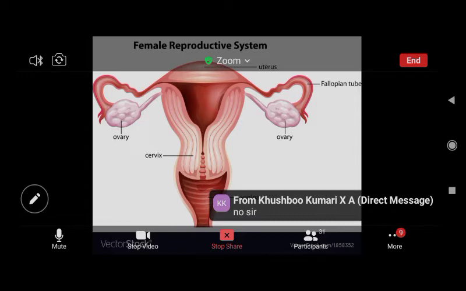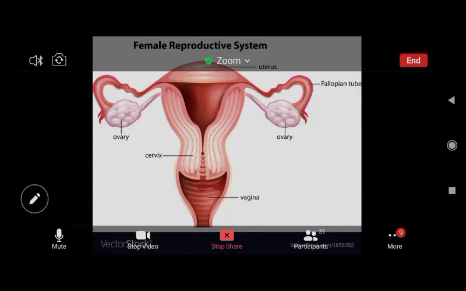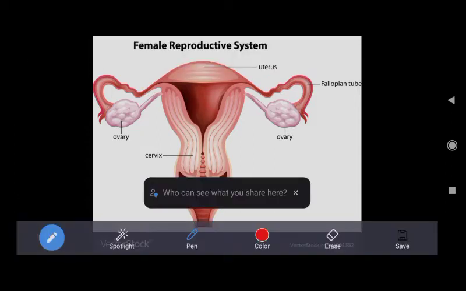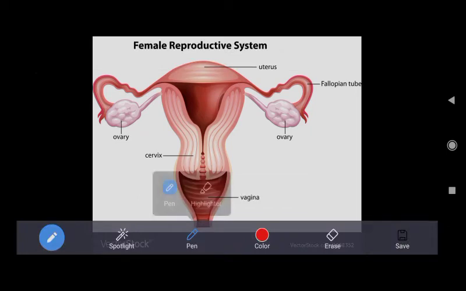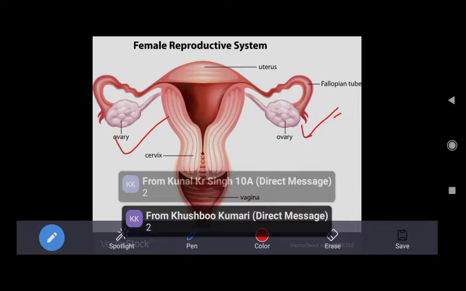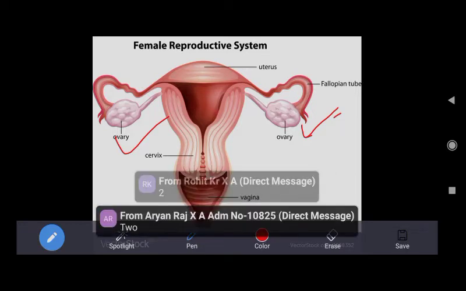This is a diagram of the human female reproductive system. If we start with the first part, that is the ovary. How many ovary can you see in the image? Two. That is, a pair of ovary is present in the female reproductive system.